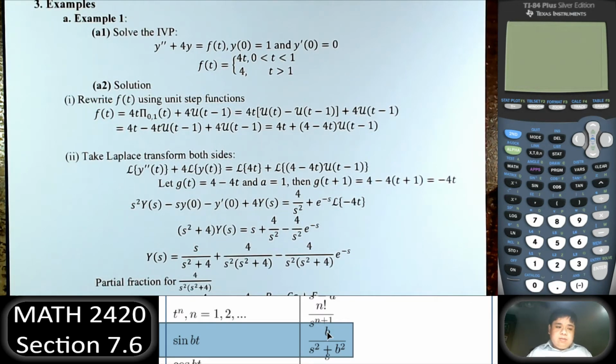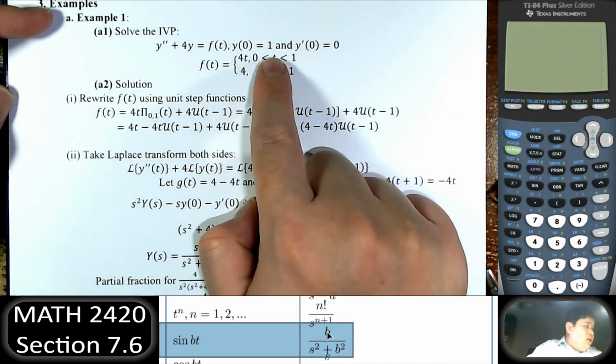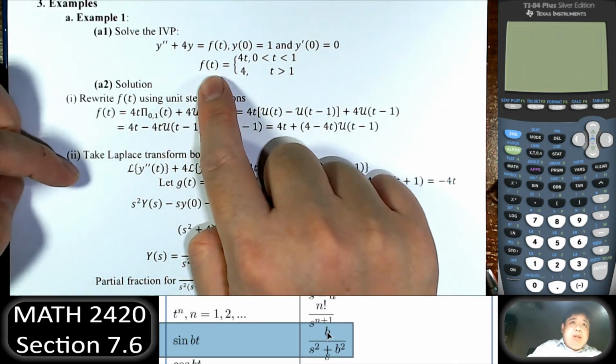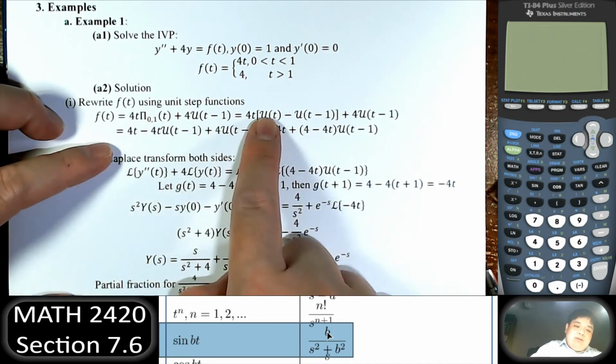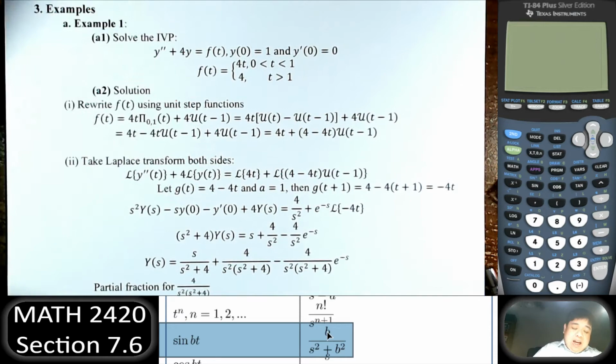It's still the same thing: find the Laplace transform, solve for Y of s, and then take the inverse Laplace transform. But in this case, it is the unit step function. It is a piecewise function, so we have to rewrite the piecewise function using the unit step function and the windows.